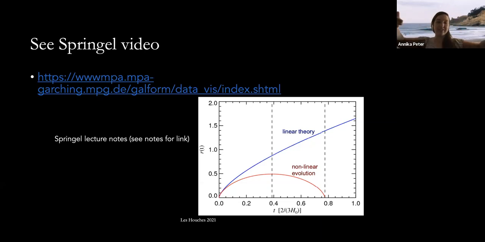But in non-linear evolution, if you look at one shell of that overdensity, at some point it's going to expand with the Hubble flow. But at some point, because of the gravity of the matter inside that shell, it is going to collapse in on itself, which is what you see here, represented in this red line, and that system is going to collapse.